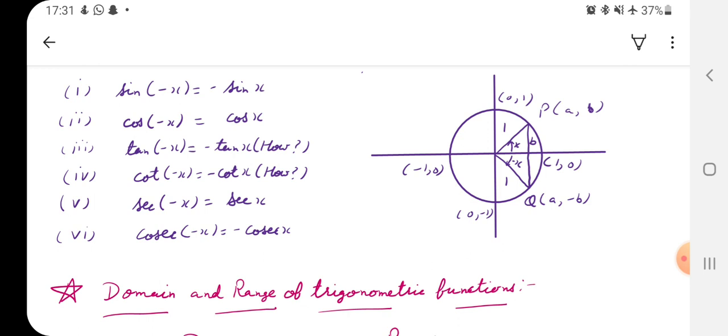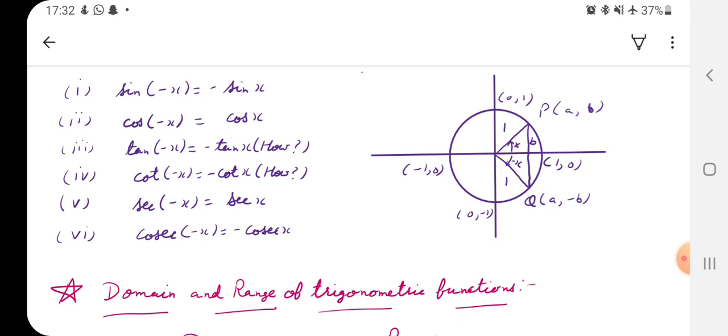P is the point (a, b) and Q is (a, minus b), which is the mirror image of P in the x-axis. So in the lower triangle, the perpendicular becomes minus b, so sine of minus x will be minus b by 1. Minus b by 1 means minus b, and our sine x was b, so sine of minus x will be equal to minus sine of x.